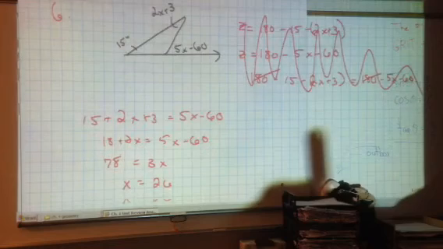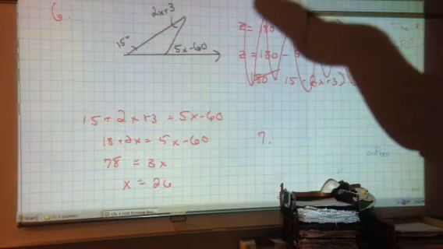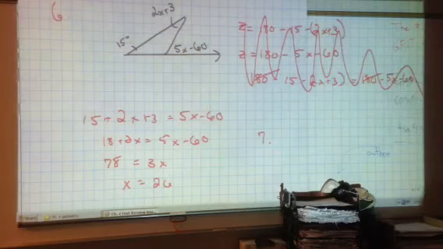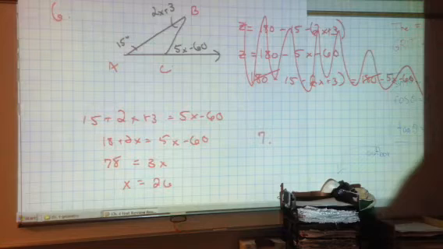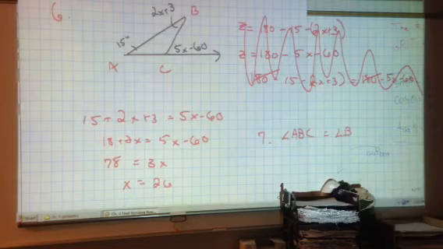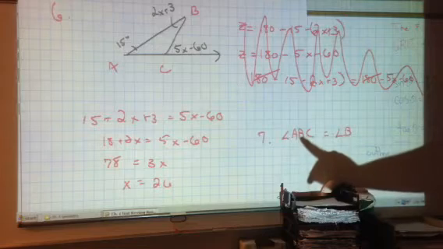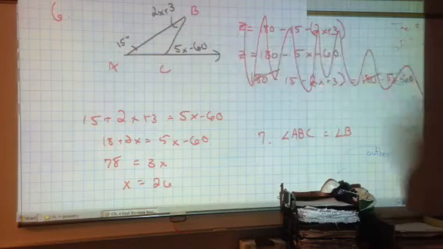Now, number 7, they want you to go ahead and find angle ABC. So this is ABC. When I say angle ABC, in this case, they're really just talking about angle B. B is my middle letter here. That's where the vertex is of the angle I'm talking about. So A to BC.